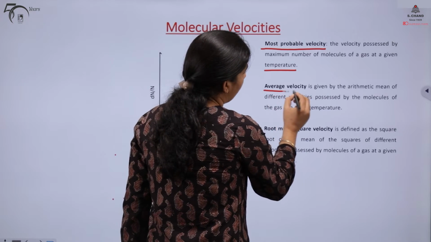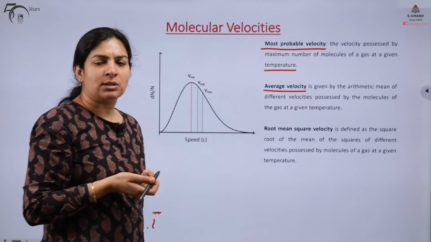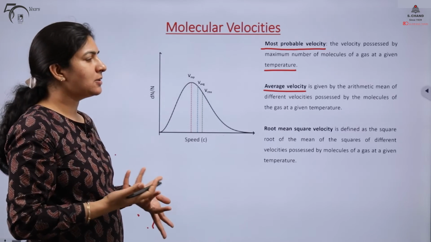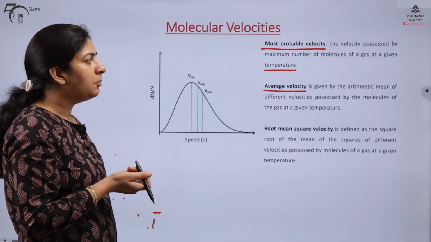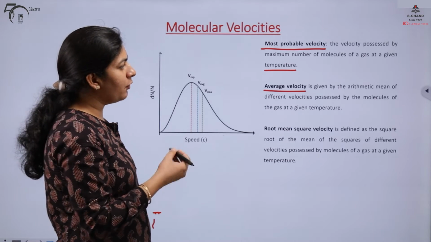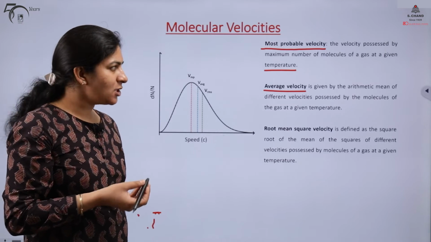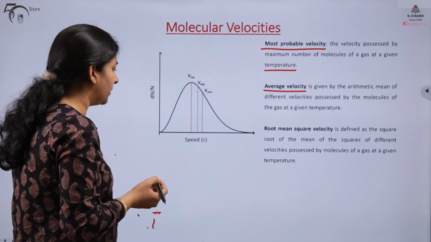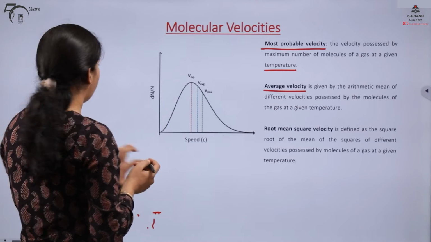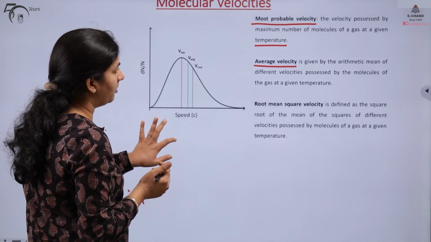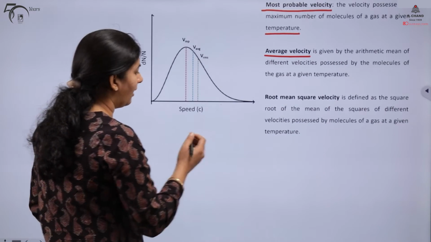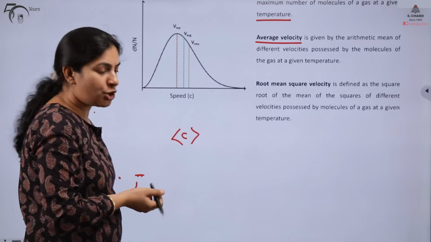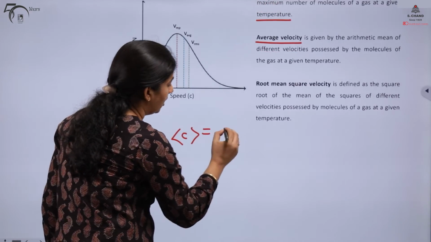And then we define the average velocity. Average is the same as we have been doing in statistics. It is the arithmetic mean of the different velocities possessed by different molecules of a gas in a given sample. So we may write the mathematical expression for the average velocity, C average, as follows.